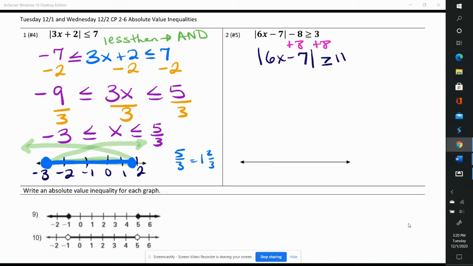Now number 2, we already isolated it. So now we're ready to determine if it's an and or an or. Greater than or equal to or greater than is going to be an or inequality. Okay, so now we set up our two inequalities. Set up as is without those absolute value symbols.